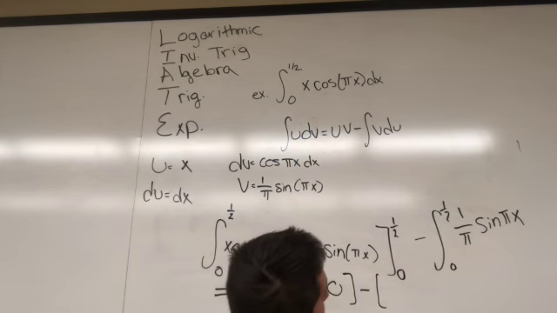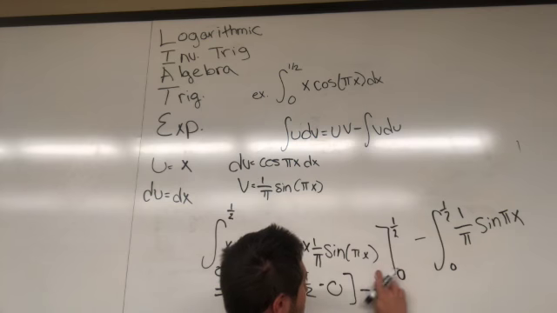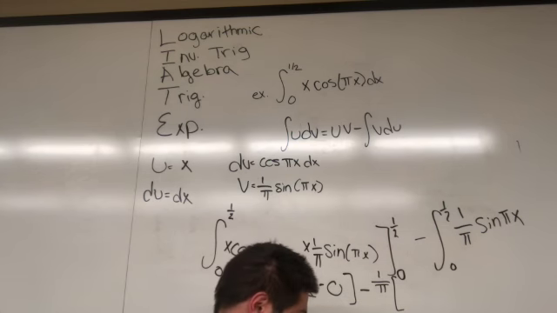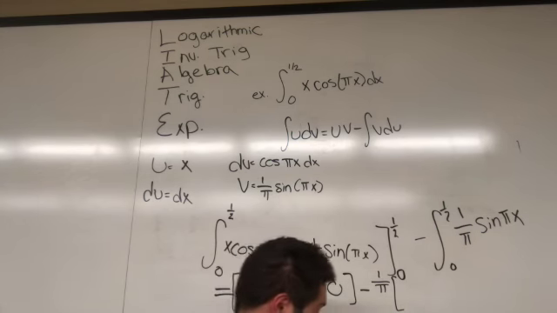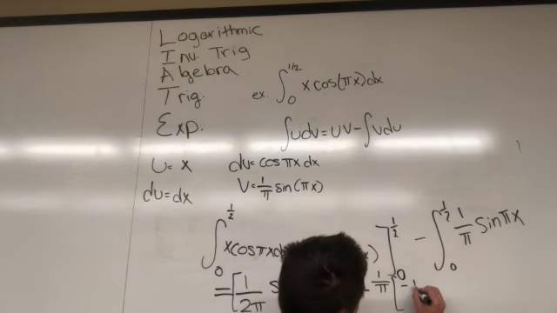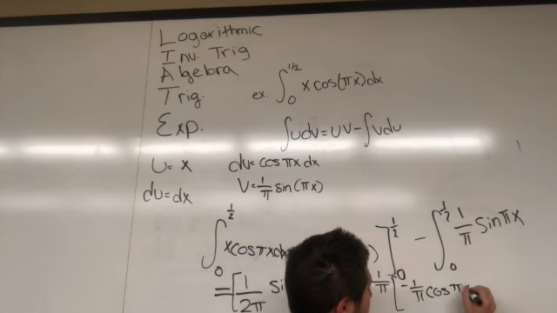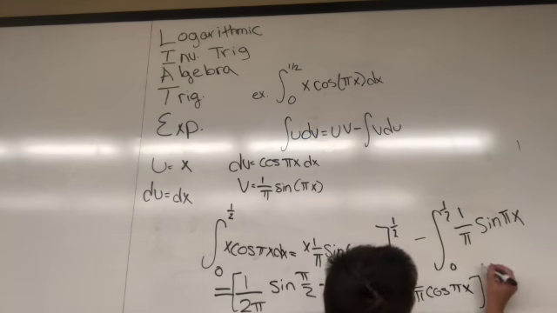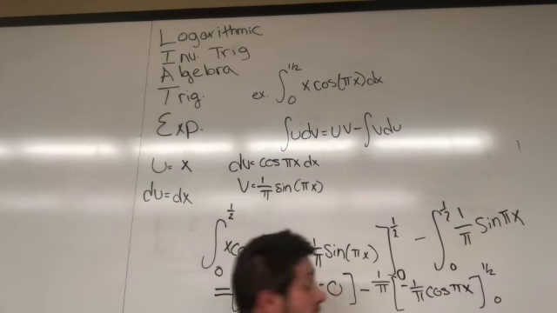What's really neat is when you take this integral, you can take that 1/pi out, and that just makes life a whole lot simpler. And you basically get times negative 1/pi cosine pi x, and that's within the range still of 1/2 to 0 that you need to apply.